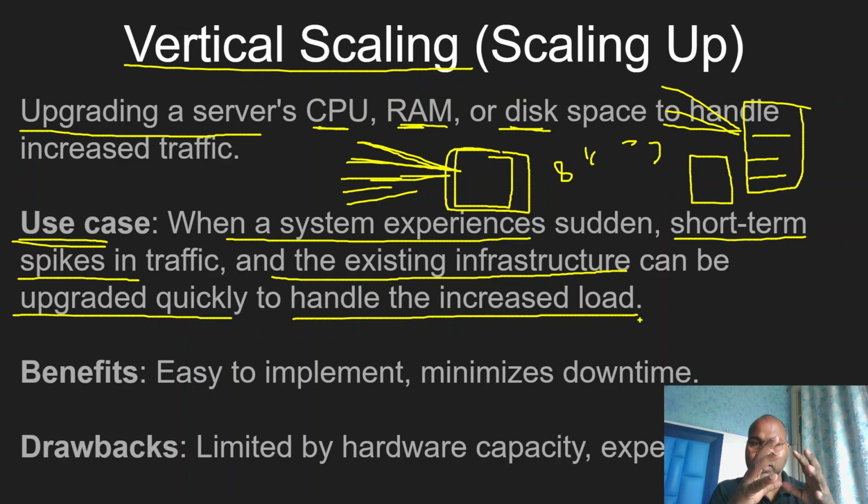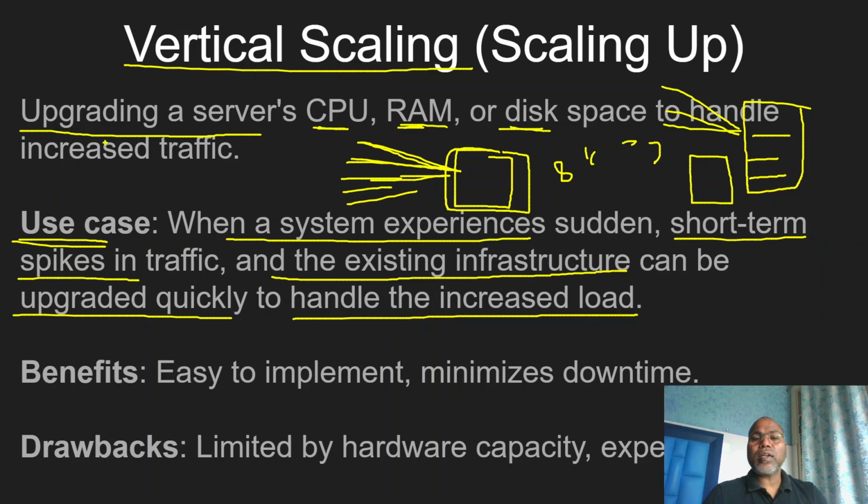In this time frame, our system can be expected to receive a huge number of requests, and traffic is going to increase. In those cases, what you do is upgrade your CPU, upgrade your RAM, upgrade your hardware, so that the system can handle the scenario.